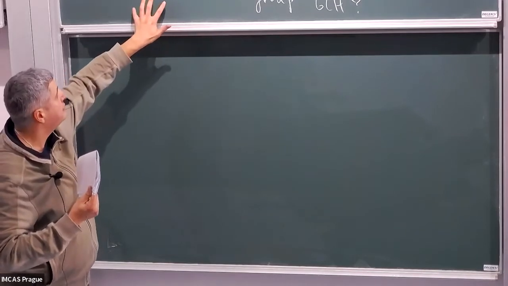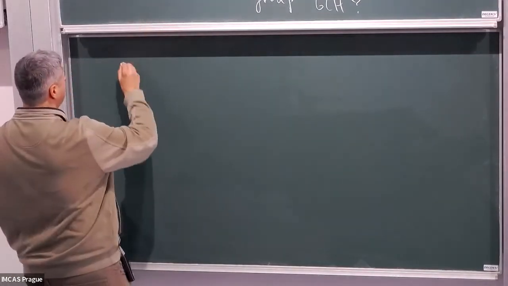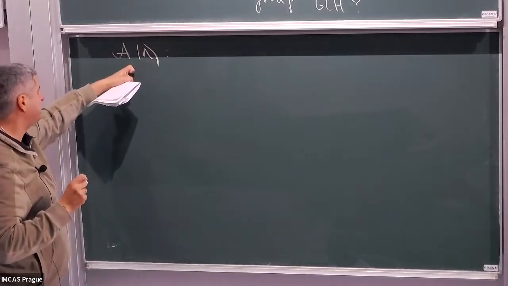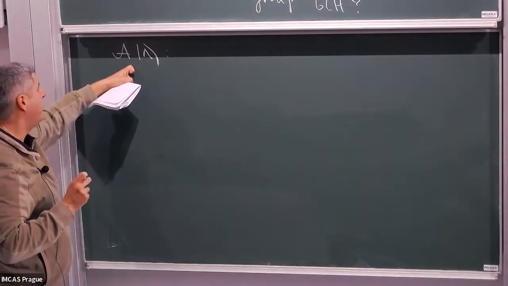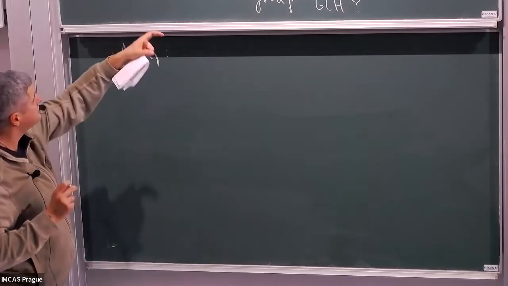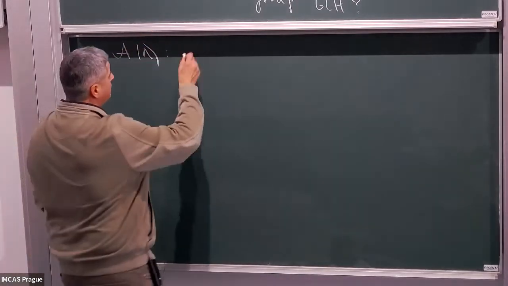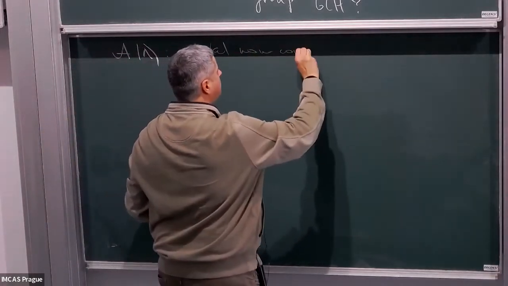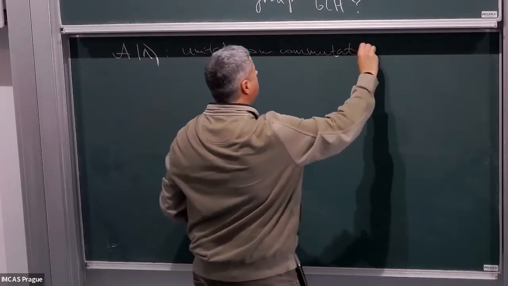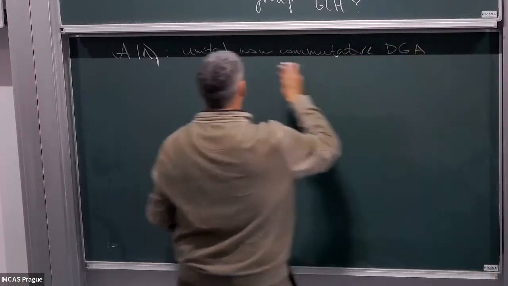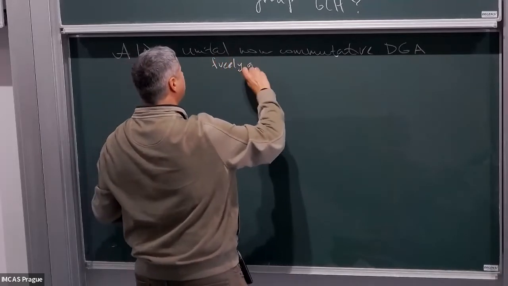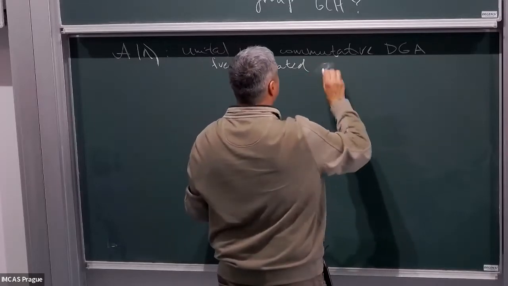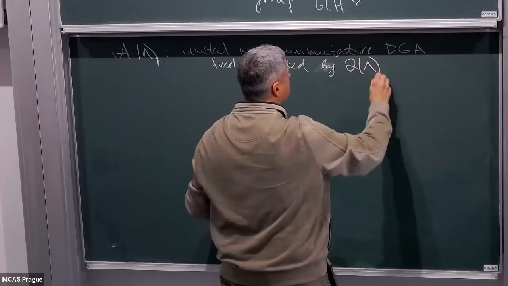So let me start with the notion of the Chekanov-Eliashberg algebra, A of lambda. Once again, I said that this is a unital non-commutative DGA freely generated by this finite set Q of lambda.